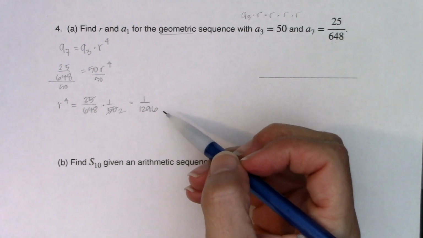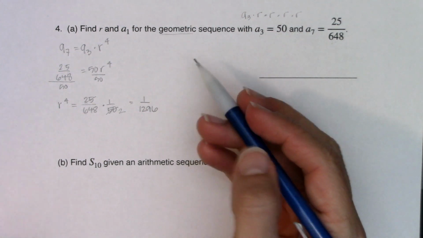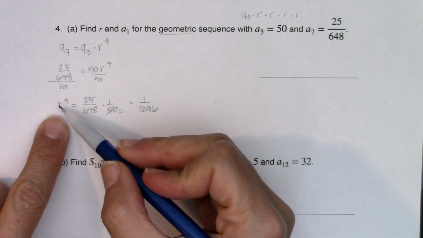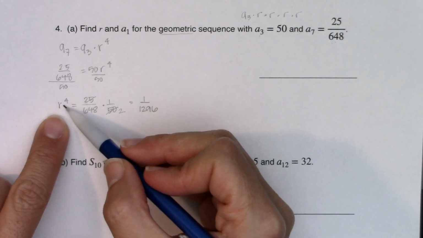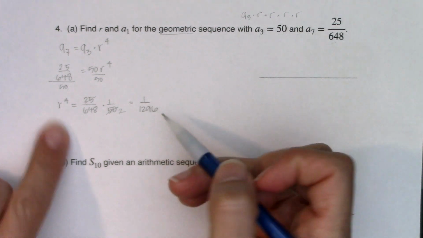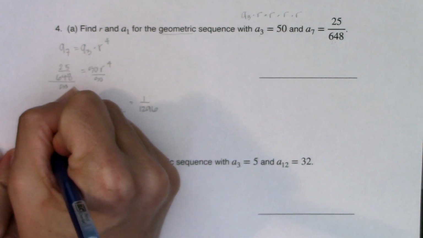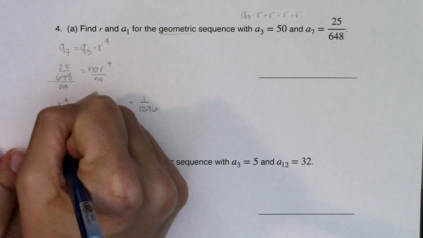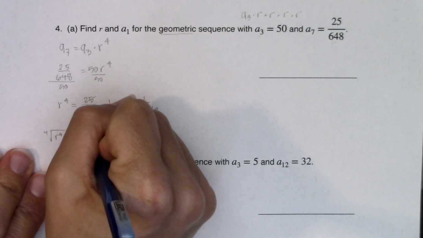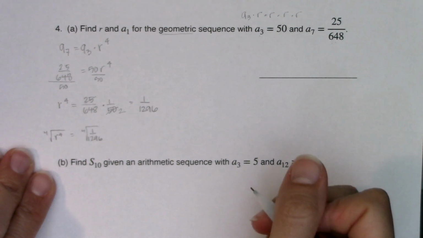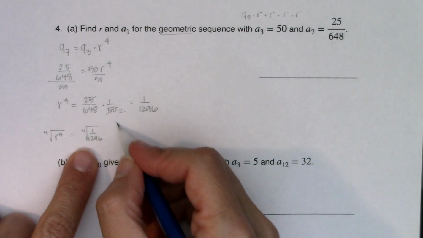And depending on what works better for your brain, and these next two things are both totally valid, if you have R to the 4th and you want to get R by itself, some folks are going to say, I want to take the 4th root of both sides. So I'm going to see this notation: the 4th root of R to the 4th would be the 4th root of 1 over 1296. Totally valid. Some people are going to phrase it another way.